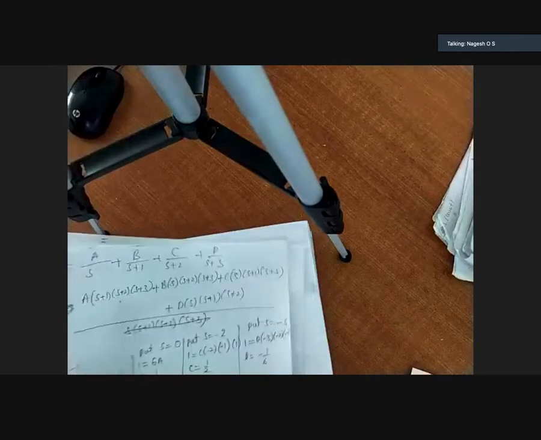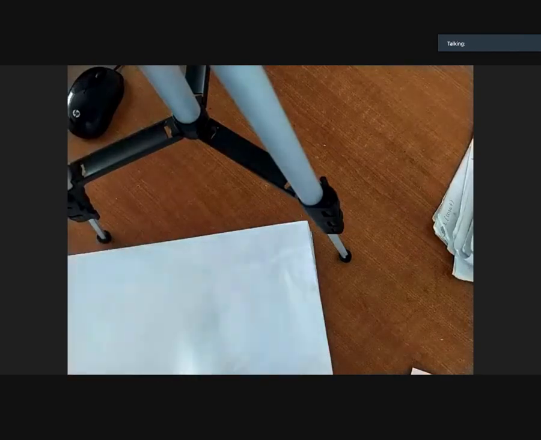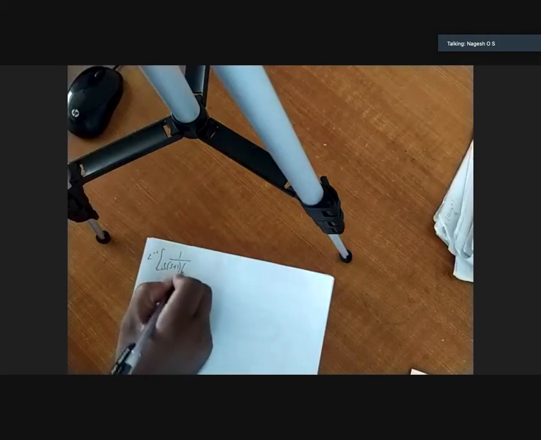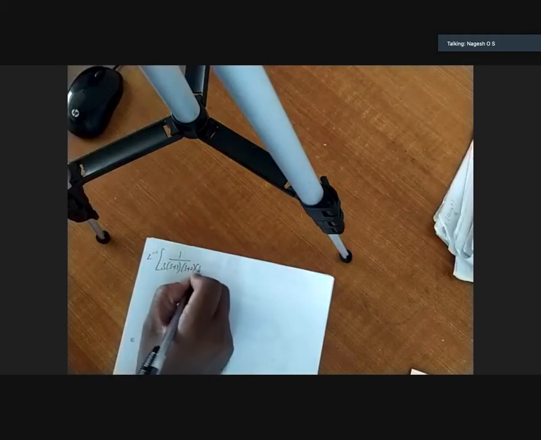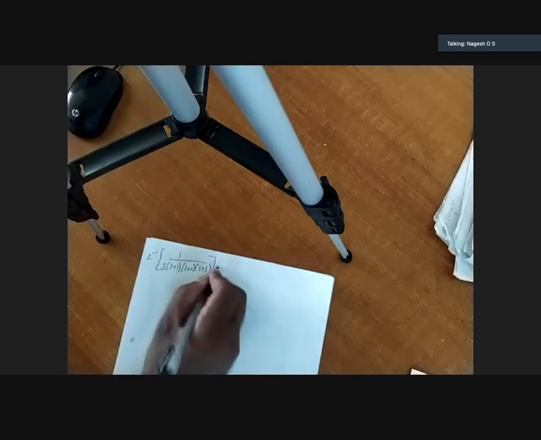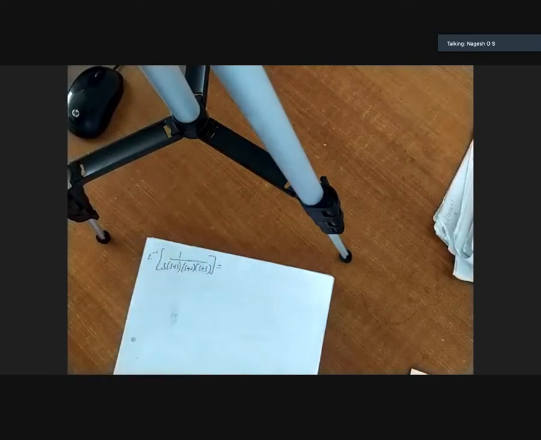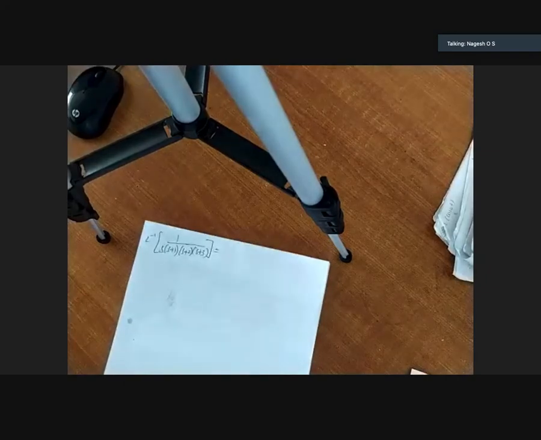Okay, we got the values. Now we'll go back to that question. Laplace inverse of 1 by S into S plus 1, S plus 2, S plus 3 is equal to A value. What is the A value?